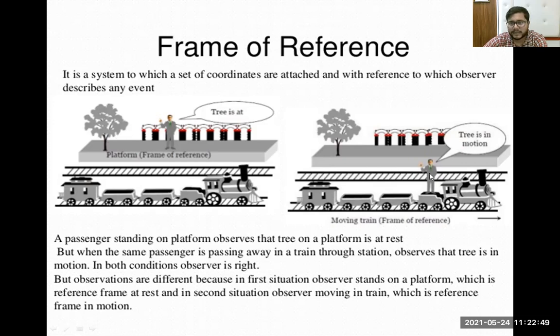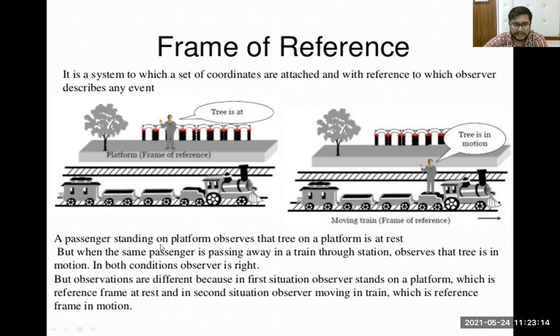Consider the second situation, when the person is in the train and the train is moving. Now the moving train is the frame of reference. When he observes this tree, he will see that the tree is moving in the backward direction. Therefore he will say that the tree is in motion.